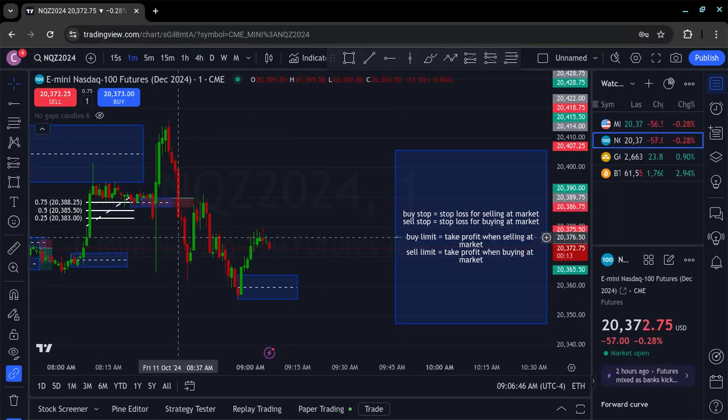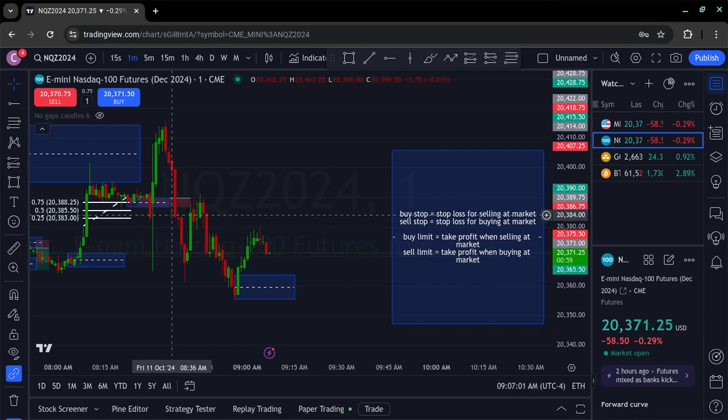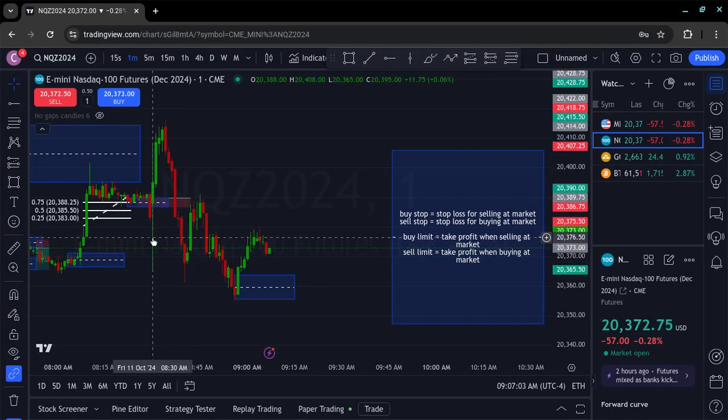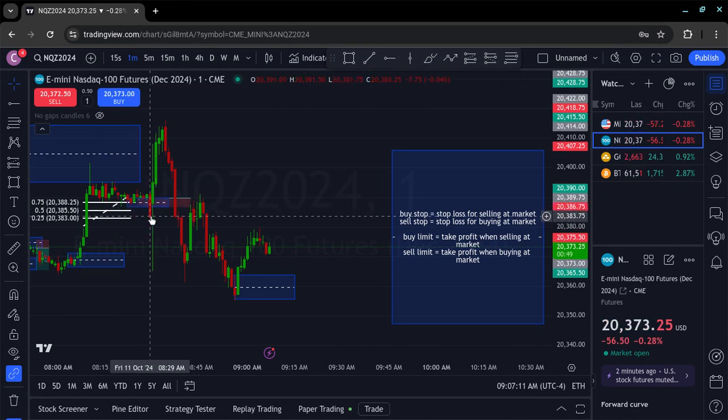Hell no. Well, it was on this candle, before the PPI, and I forgot there was going to be news, even though I looked at the Forex Factory chart and it said 8:30 news. My stop loss should have been triggered here, but I didn't get triggered. I had it manually closed here.